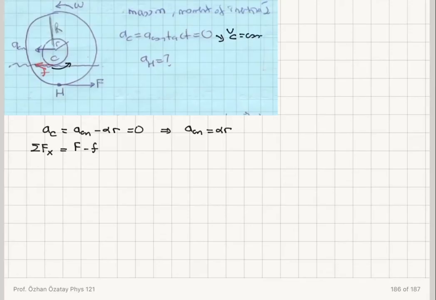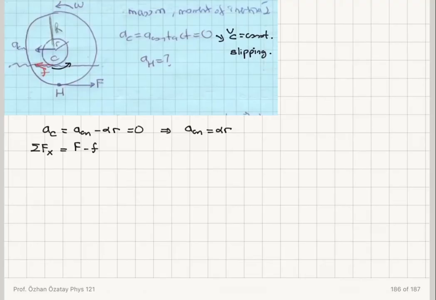Now, since the contact point acceleration is 0, that means the contact point velocity is a constant, right? So this is actually not rolling without slipping. There is slipping in this case, backward or forward. Now, if the center of mass acceleration is greater than alpha r, the center of mass acceleration will be to the left in this case.